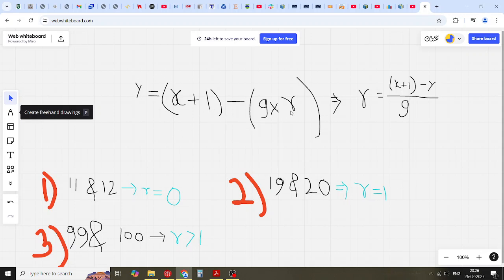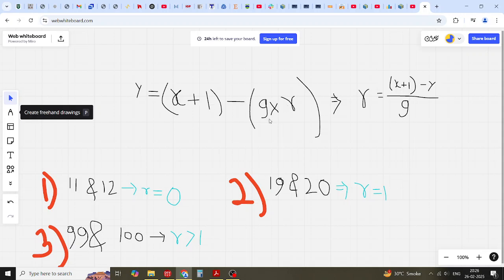And in case y is greater than x plus 1, then we need some r, which is an integer, and that should be a positive integer, because y is greater than this one, and it needs to be subtracted to get that number.